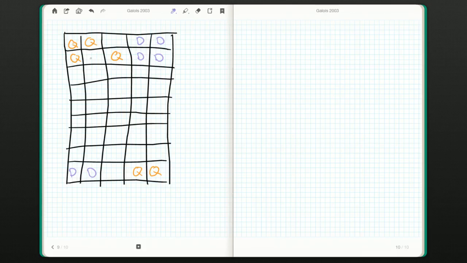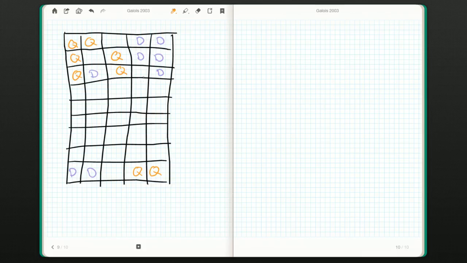So now I have 2 options. I can shift this quarter over here, but then on the next turn I'm not going to be able to do anything else other than shift that quarter back. But I could jump this dime over here. Now, what can we do here?